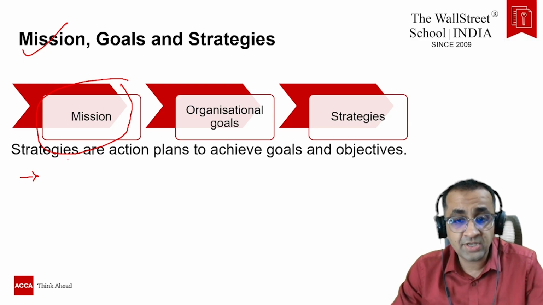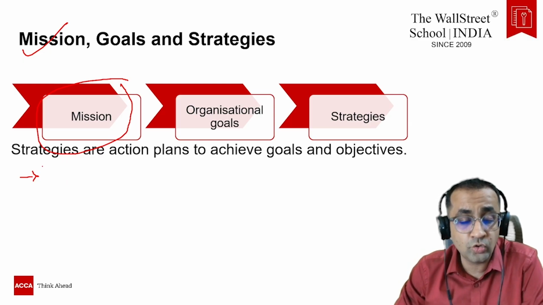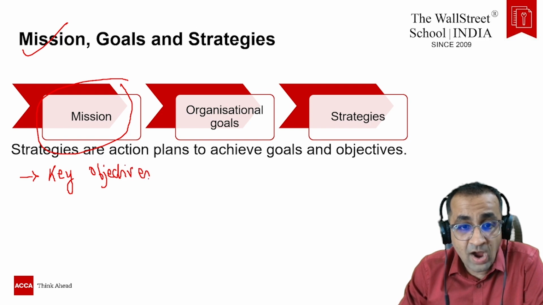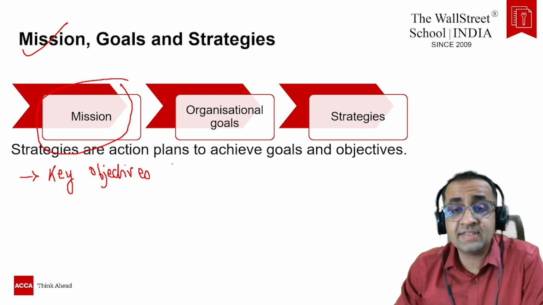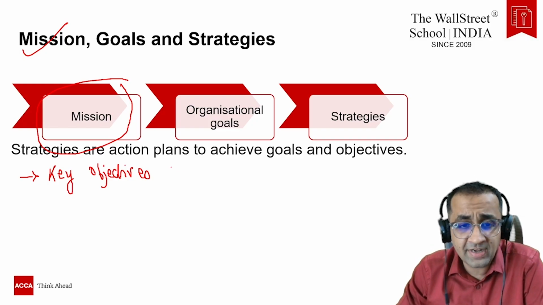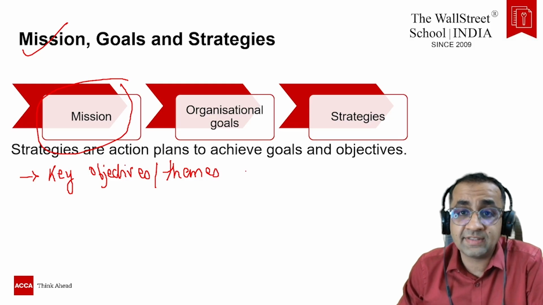So what is a mission? What is a mission basically trying to do? It is trying to establish the key objectives of the organization. Why does the organization exist? What is the main reason behind its existence? So it will define the key objectives, or you can say the themes, behind the existence of the organization.